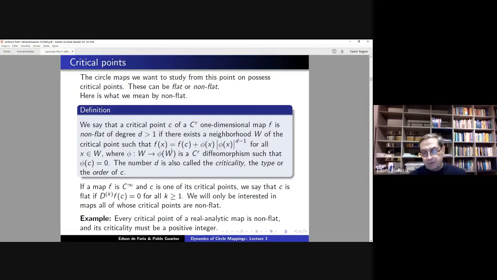Real analytic maps are restrictions of complex analytic maps, and complex analytic maps have criticalities which are always integers, right? The degree of the critical point actually has a topological meaning here, like a branched covering map. So you cannot have non-integer criticalities for real analytic maps.